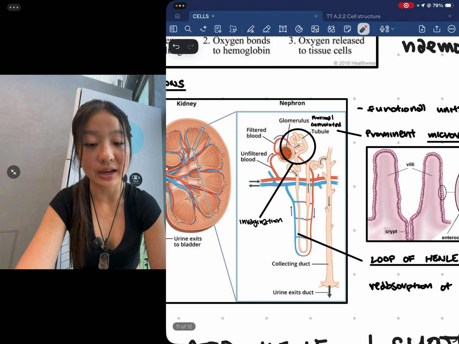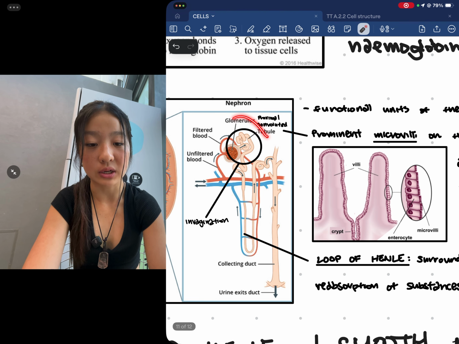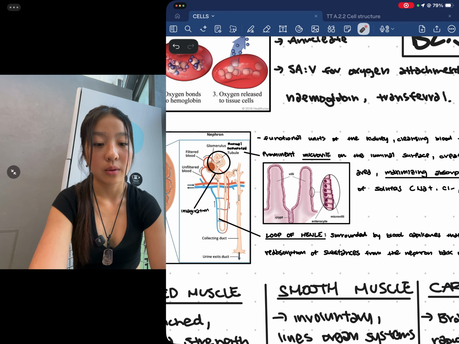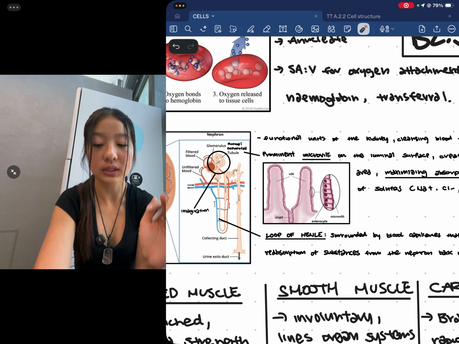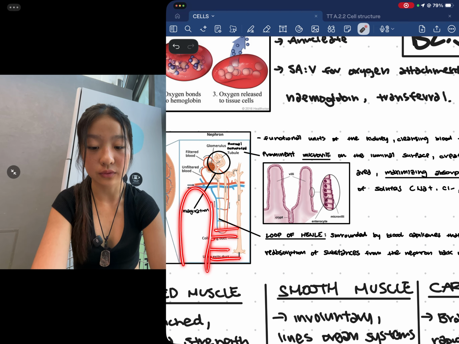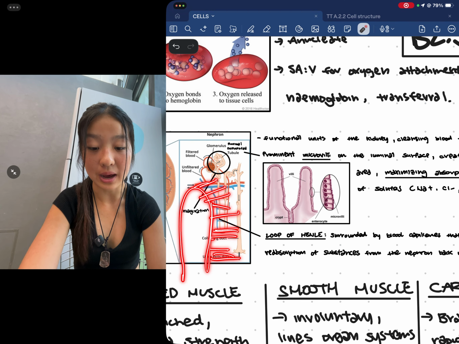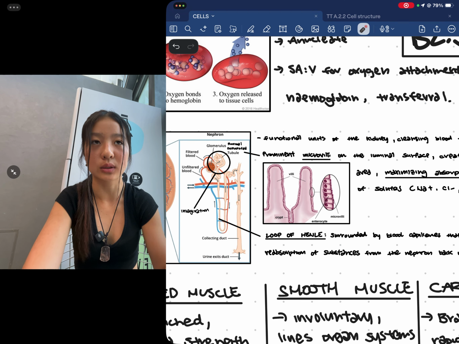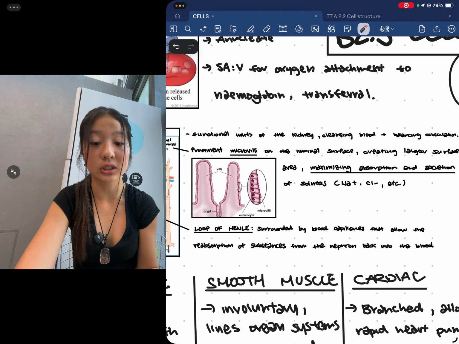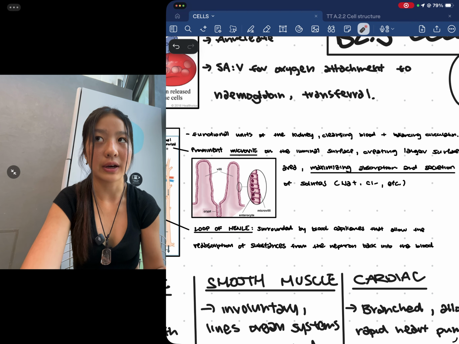Then we have nephrons. The nephrons are within the kidney, and focusing specifically on the proximal convoluted tubule, they have prominent microvilli on the surface of it, because each addition of a microvillus creates additional surface area, which maximizes the absorption and secretion, because kidneys really just filter everything through, and the faster you can get the materials through, the more efficient the exchange is.